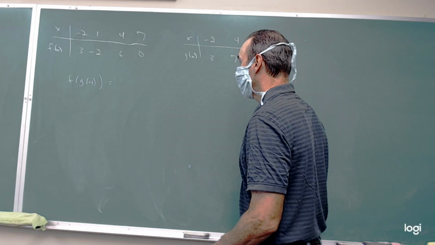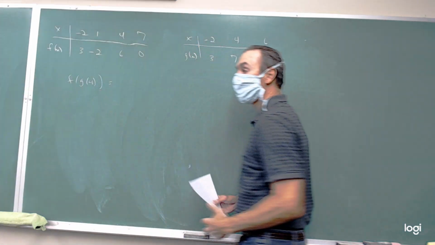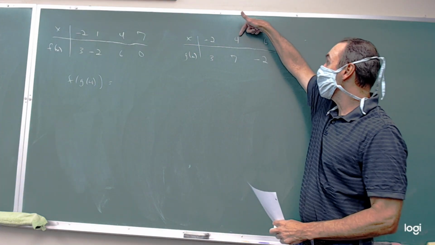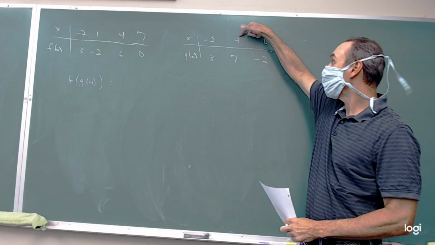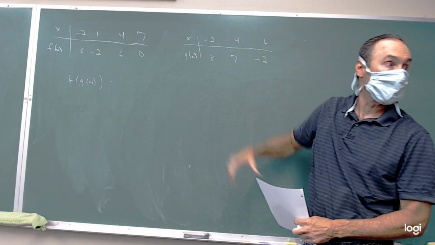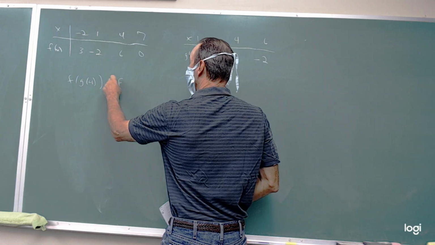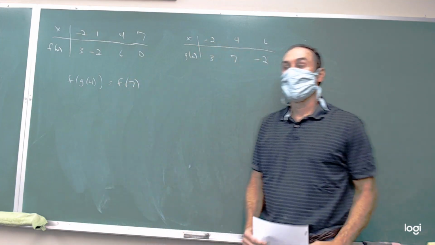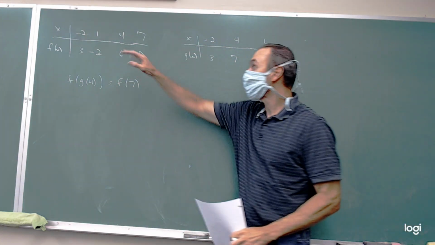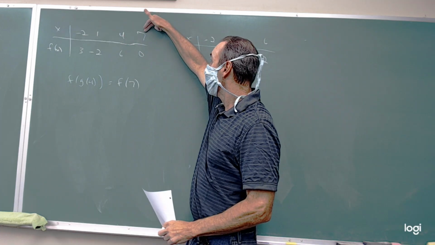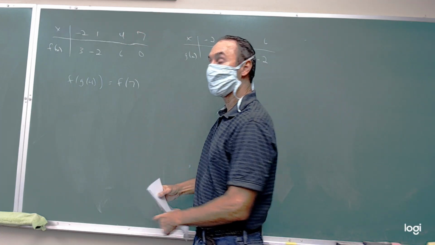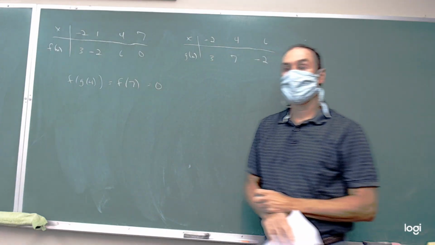So hopefully we can see that for g of 4, we go to the function g, here's the input value, x is 4, we read off the output value 7, and so this becomes f of 7. And then 7 becomes the input value, so we run over the function f, plugging in 7, and we're going to get 0. You okay with that?